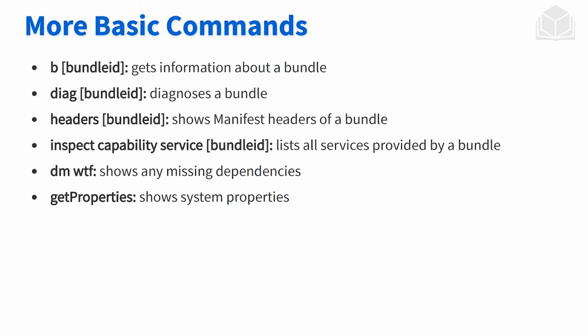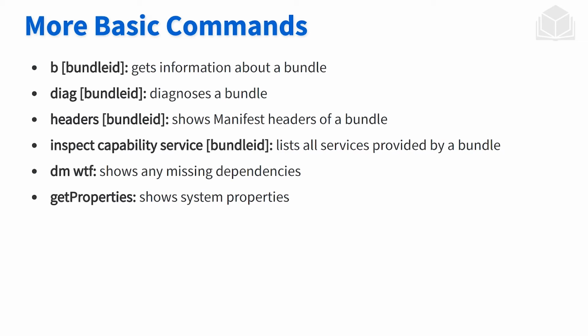There are a couple of other commands that are going to help us out when we're going through our debugging. The letter b gives us information about the bundle. This is kind of the synopsis of the bundle itself. Diag, D-I-A-G, gives us the issues that exist within the OSGi container. If you do diag followed by a specific bundle ID, this will give you the diagnosis of a specific bundle.